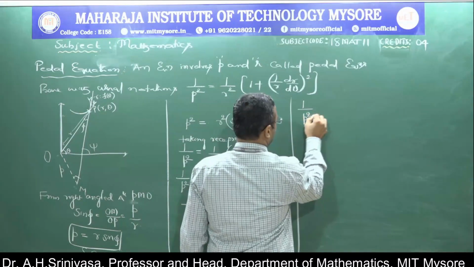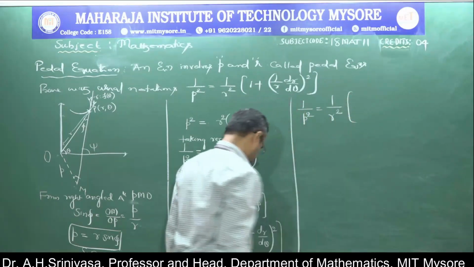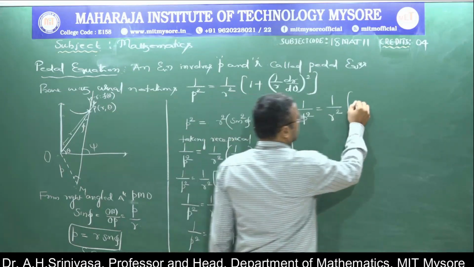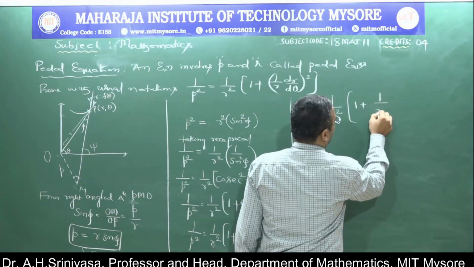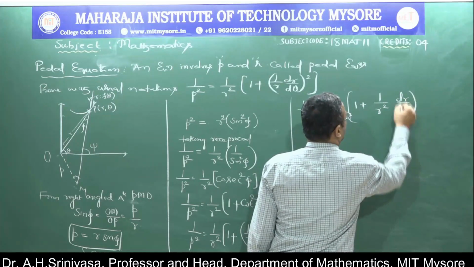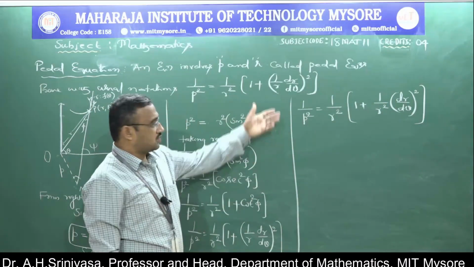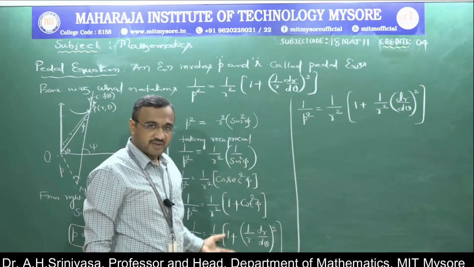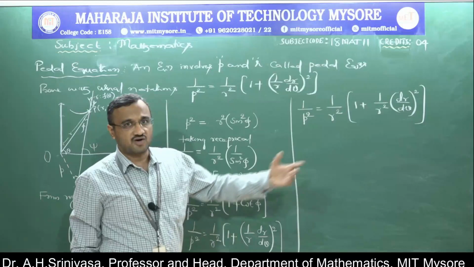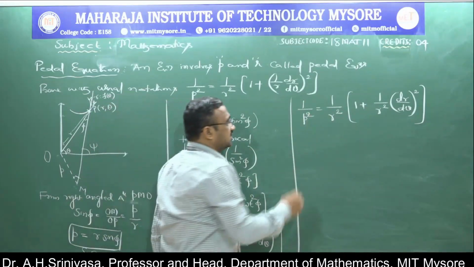1 by p square equal to 1 by r square into 1 plus 1 by r square into dr by d theta whole square. The desired results are obtained. Sometimes some expansion form is asked of you, so that's why I am going to expand this.